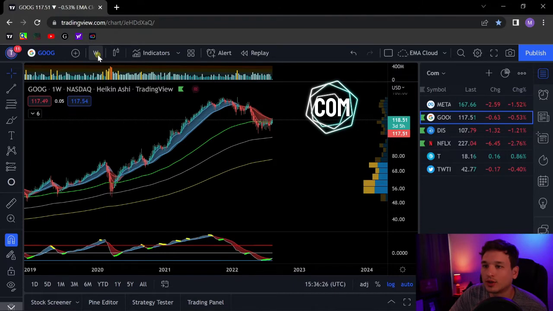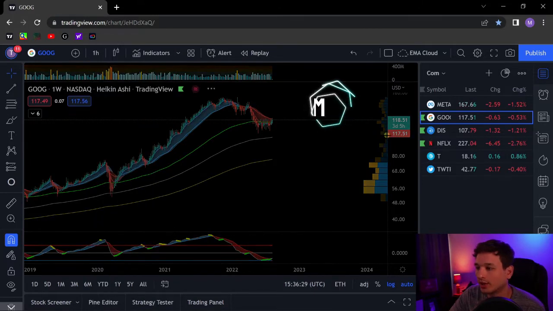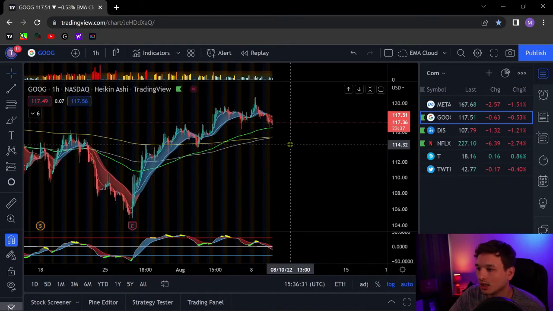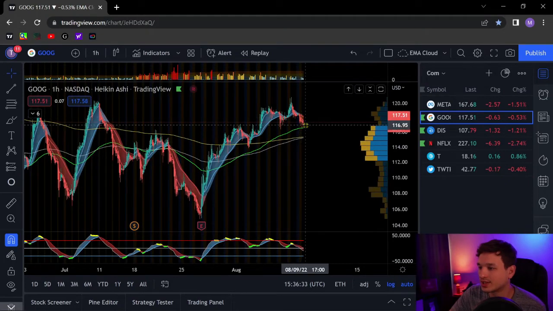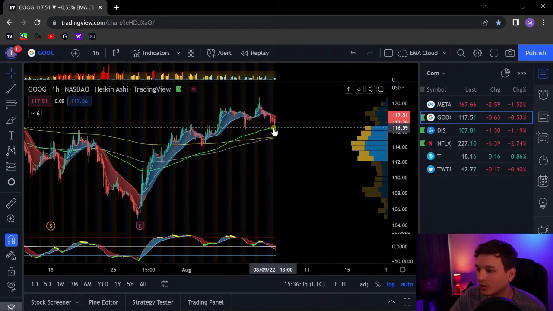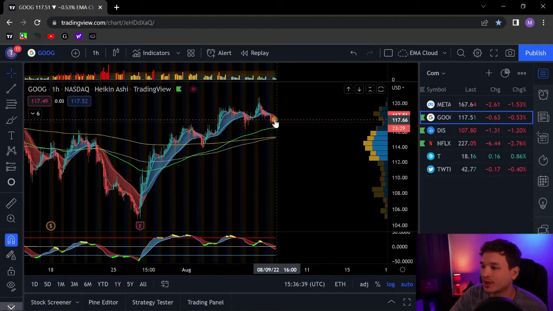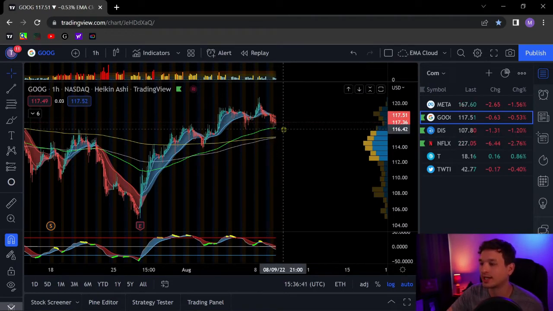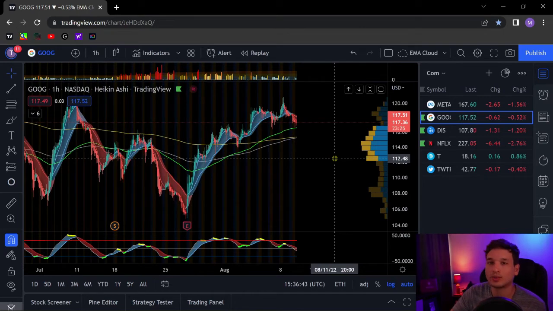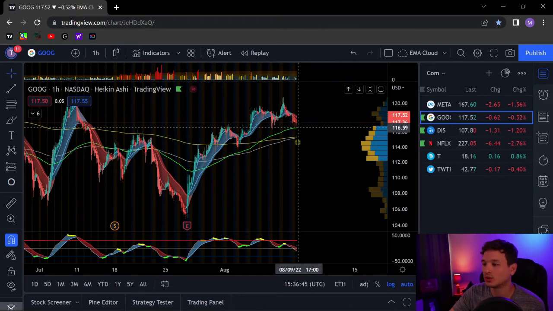So we can look at Google. And if you want to look at it at the 1 hour, as of right now, it's showing signs of a downtrend. It looks like the wick at the least hit off of this 50 moving average, bounced back up, and now it's starting to come back down. So if you're short or you want to put a credit spread in, as far as Google, keep in mind you are above these moving averages, but if you see it break this 50 moving average, you could potentially come down to this yellow line right here.